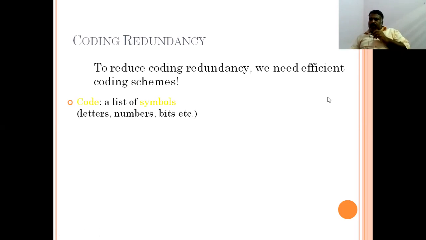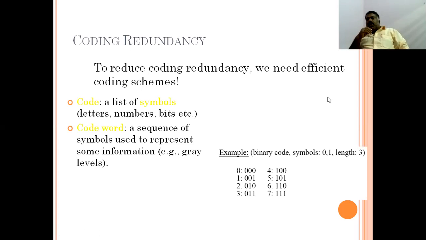That means we symbolically or logically prepare a certain table or index, a shortcut to represent the repeated content of the coding. The code is a list of symbols, letters, numbers, bits, etc. A code word is a sequence of symbols used to represent some information.